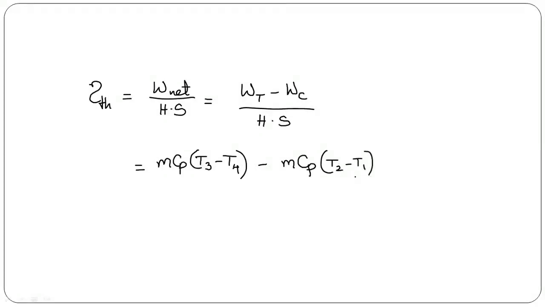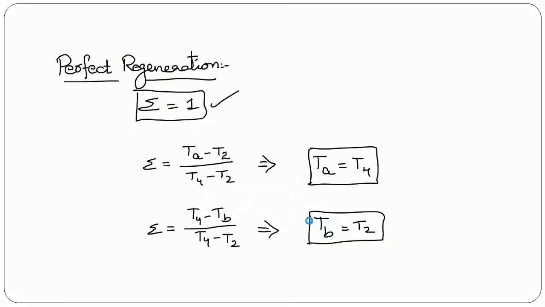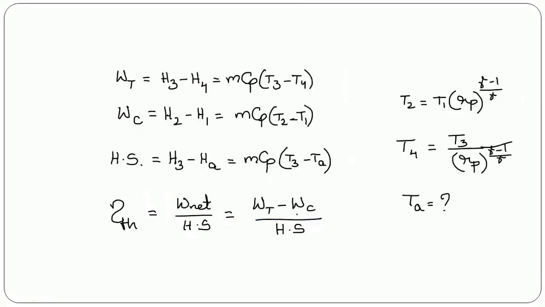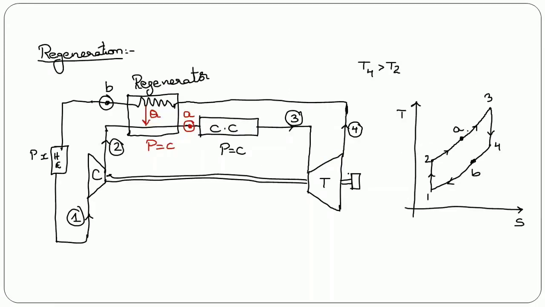This is compressor work. By the amount of heat supplied, MCP (T3 minus TA). So here heat supplied is MCP (T3 minus TA). Process 2 to 3 is the heat supply process.